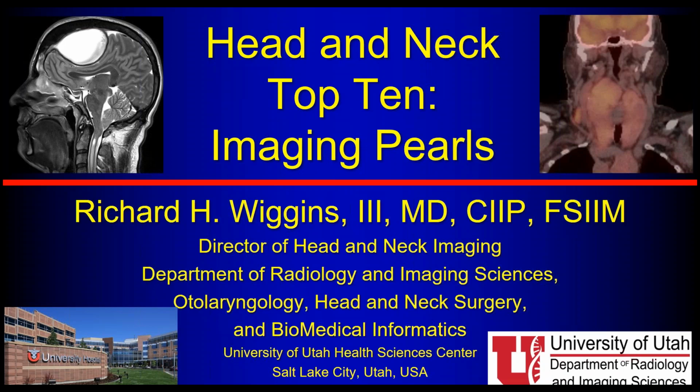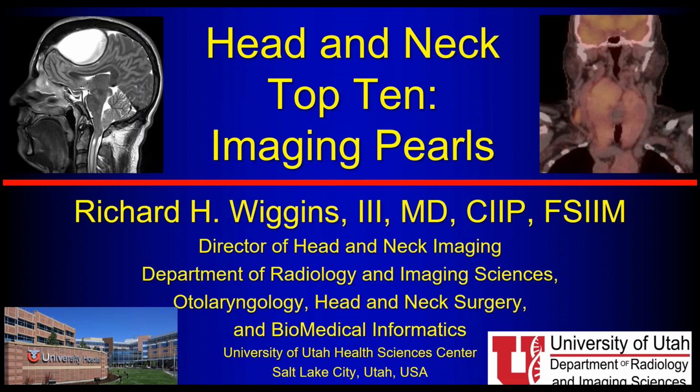Any role for diffusion there? Yeah, the diffusion and the ADC. You want to remember that not everything bright on the diffusion is restricted diffusion. Not everything bright on the DWI is actually restricted diffusion. You want it to be bright on the DWI and to be dark on the ADC. So we want to be very careful that we look at both of those sequences.